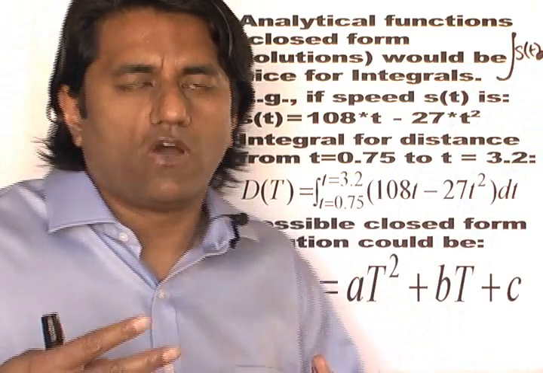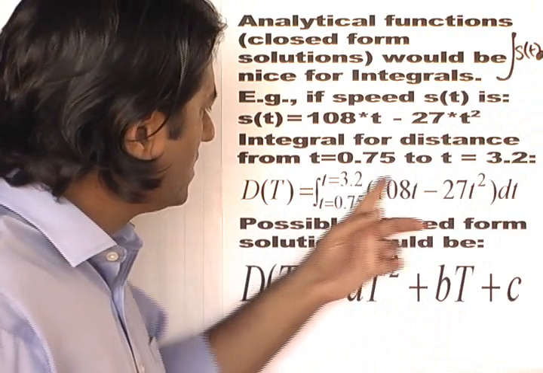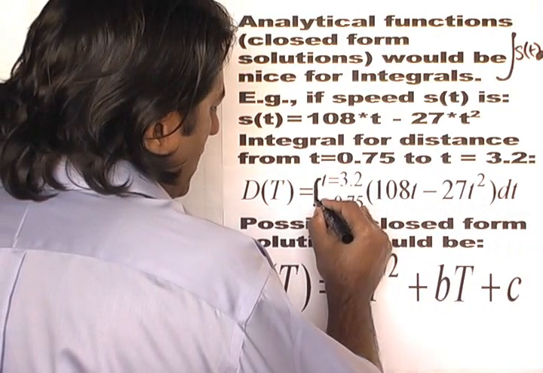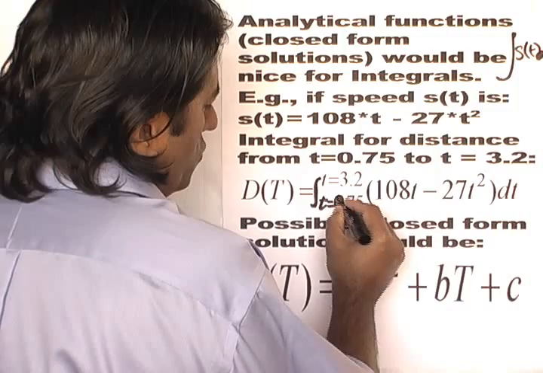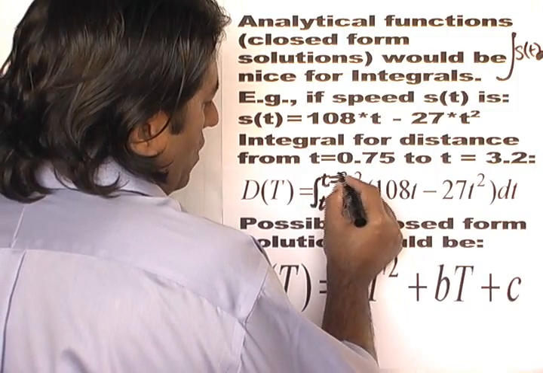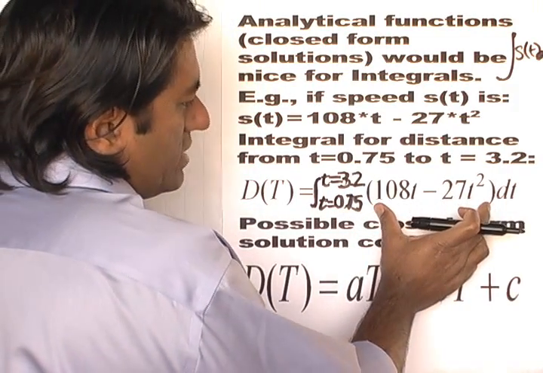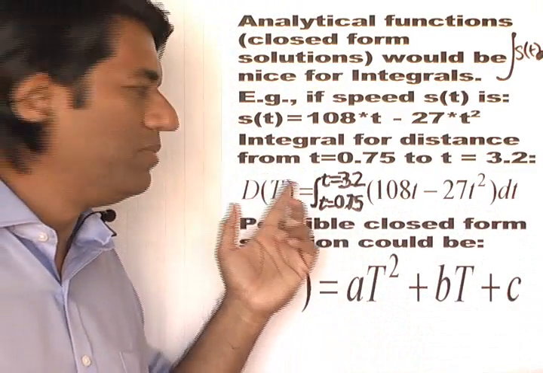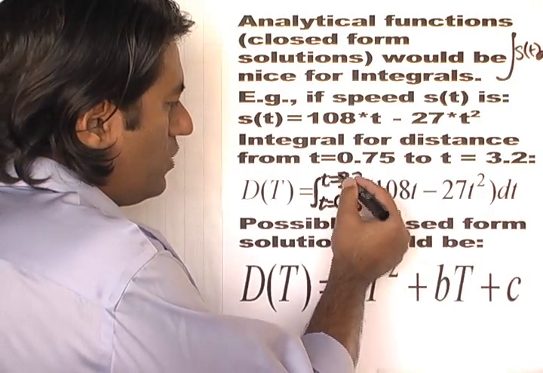So what is a closed form solution? Say, look at this integral here. What you have here is the distance from time t equal to 0.75 to time t equal to 3.2 of this speed, and so this is what the distance would be traveled from 0.75 to 3.2.